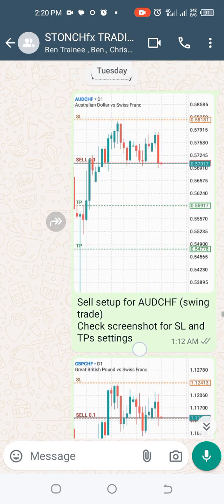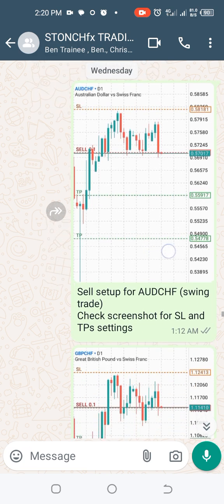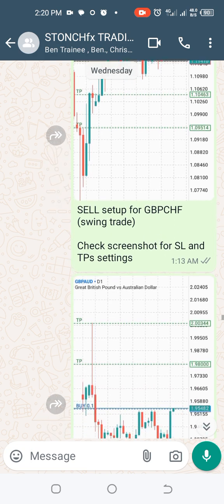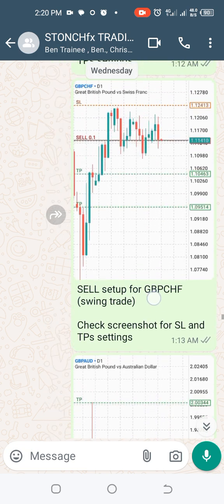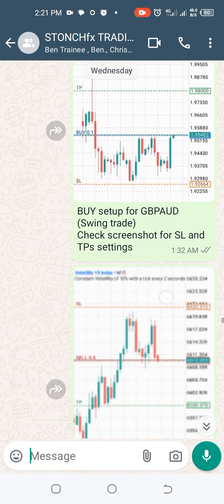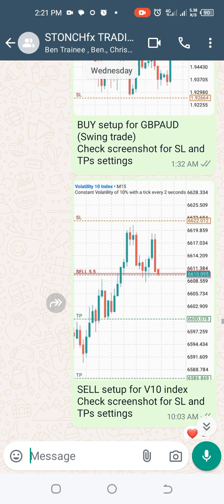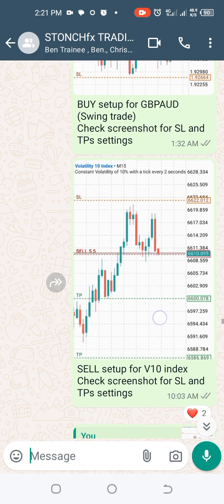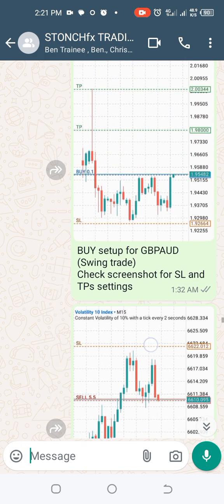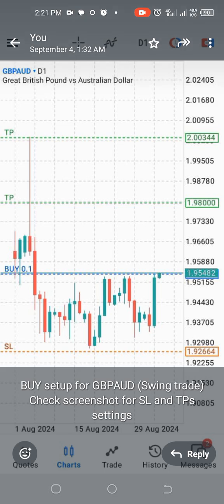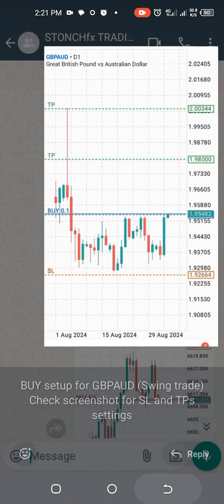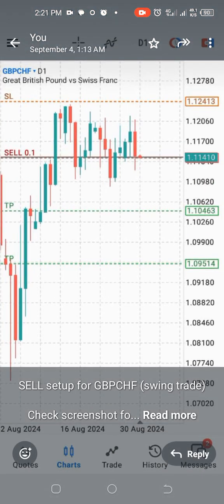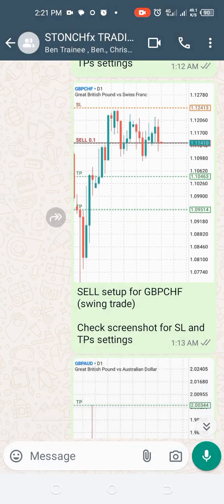So you can see a sell EUR/CHF swing trade. We trade intraday and swing trade and so on. For instance, this is a buy setup for GBP/AUD. This is a sell setup for GBP/CHF.